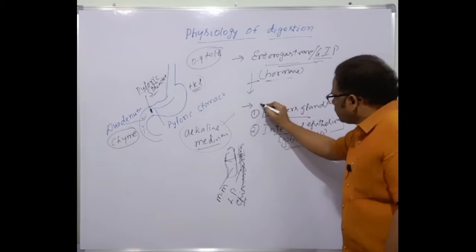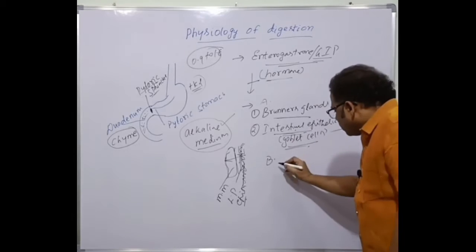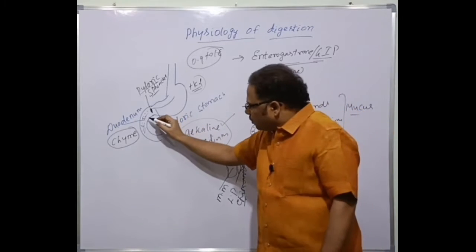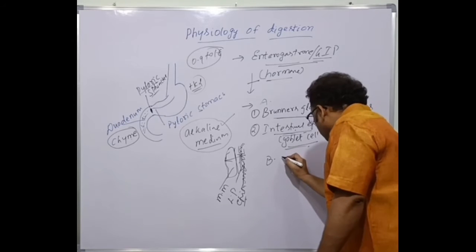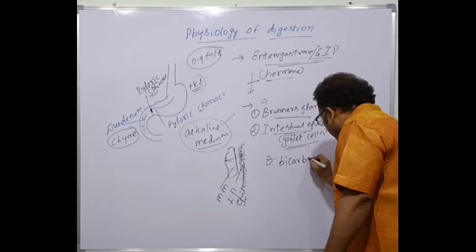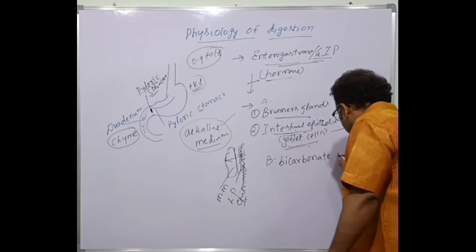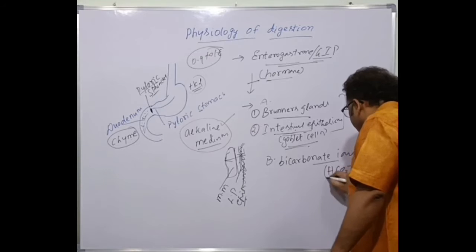That is number 1, A. And next, when the partially digested food, chyme, is present in the duodenum, it also releases a very important thing: bicarbonate ions, that is HCO3 minus ions. Why?